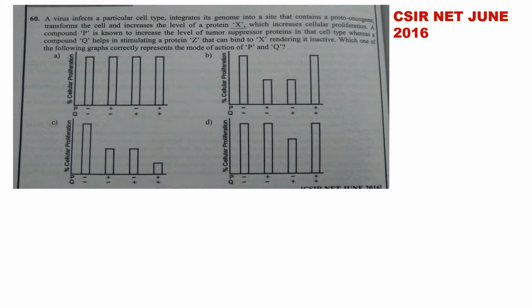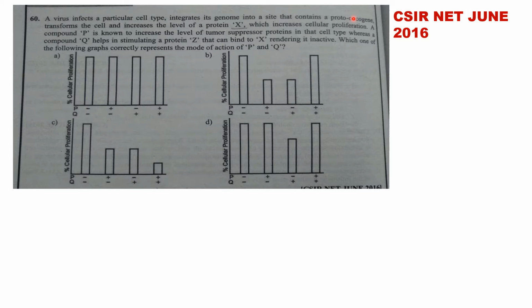A virus infects a particular cell type, integrates its genome into a site that contains a proto-oncogene, transforms the cell and increases the level of a protein X, which increases the cellular proliferation. We know that proto-oncogene means that is the normal gene. When that is altered by any mutation, that proto-oncogene will become an oncogene.